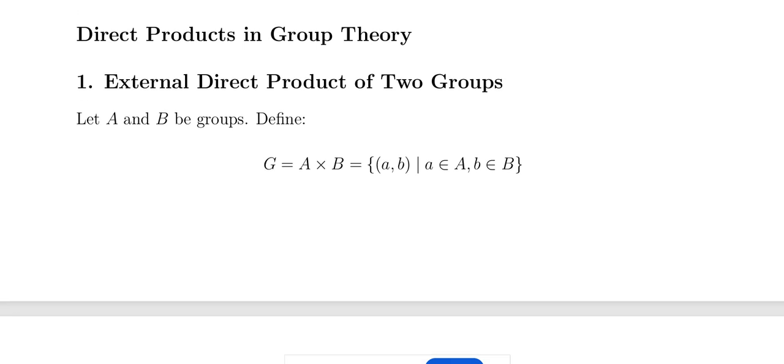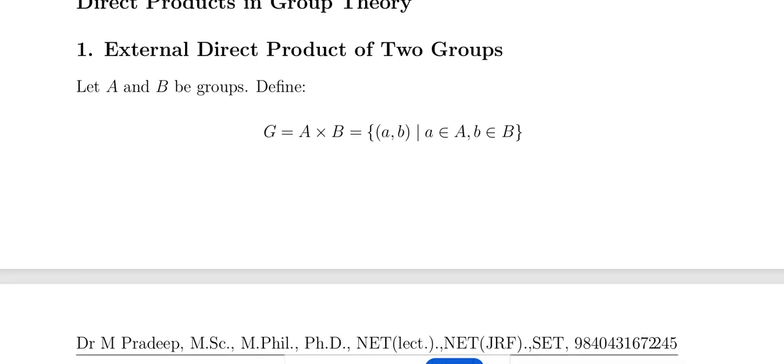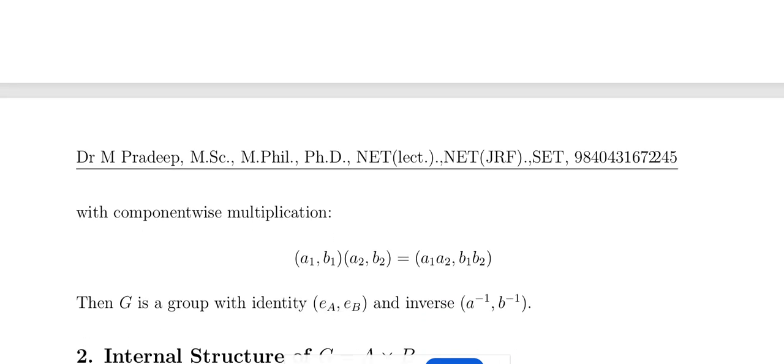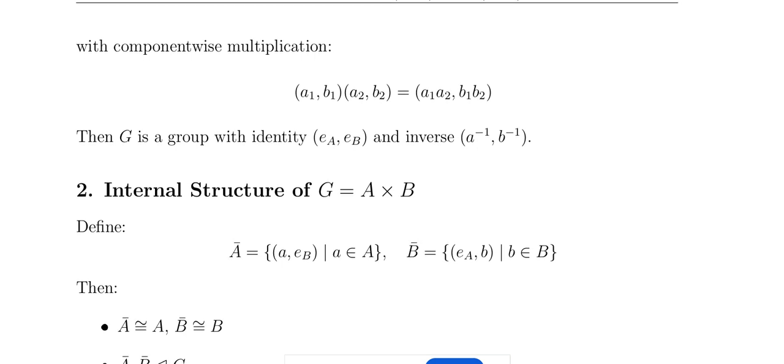And the direct product in group theory. Let A and B be groups. The direct product is defined as the collection of pairs (a, b), where a belongs to A and b belongs to B, with component-wise multiplication: (a1, b1)(a2, b2) equals (a1 a2, b1 b2).